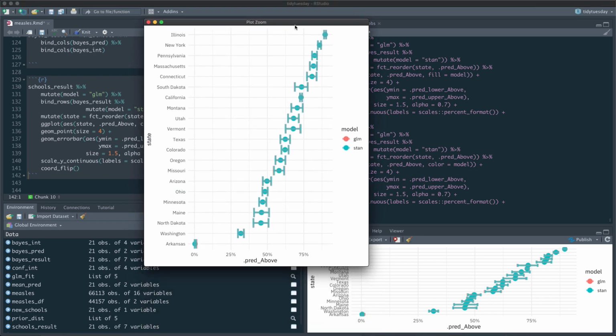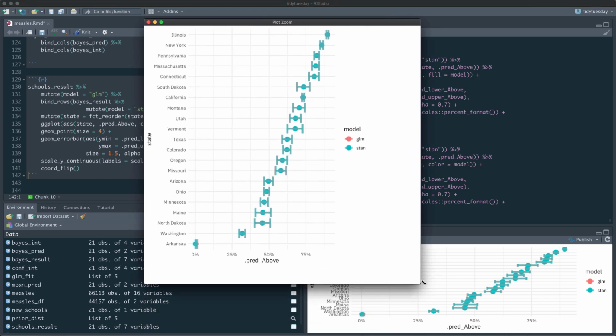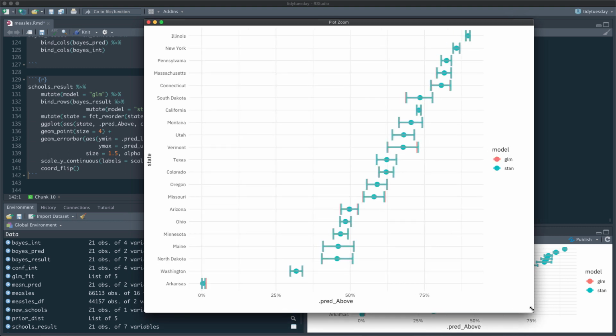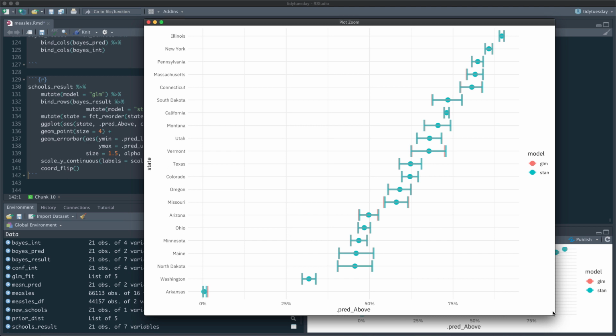Okay, we did it. Can we do this so that we can see any difference? It's difficult to see. Well, I can use dodge to put these next to each other, but in the interest of time, I'm just going to leave this as is. So we have the states along the y-axis here, and this probability that we got out is the same.